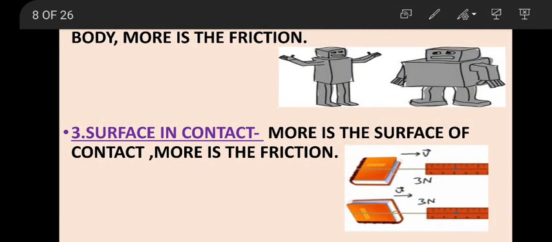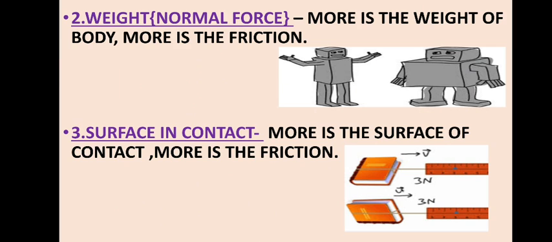So another example you can see here. Another factor that affects the friction is weight of an object. You can see here, more is the weight of the body, more will be the friction. Suppose these two people shown in this diagram, one is thinner, another is a fatty person.